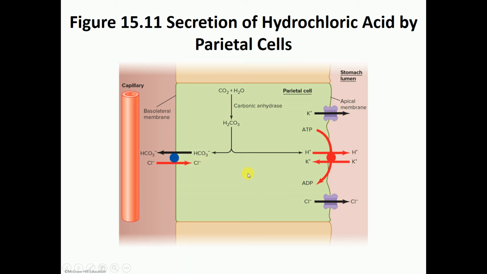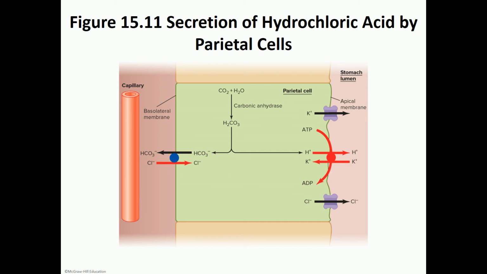That chloride will then, through its own ion channel, exit the cell and unite with that hydrogen to become HCl, or hydrochloric acid. Whenever the parietal cell needs to make more hydrochloric acid, it does so through the activation of that hydrogen-potassium pump. So again, the faster that pump goes, the more hydrochloric acid is being made.